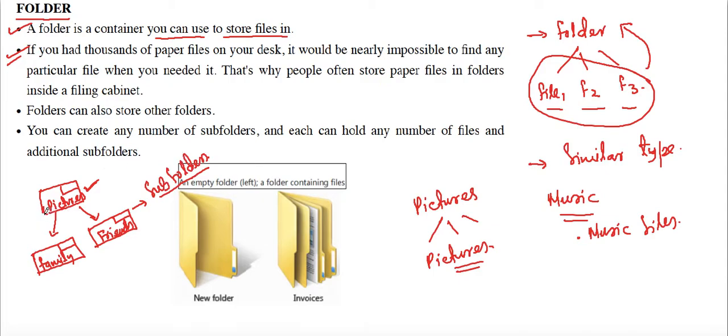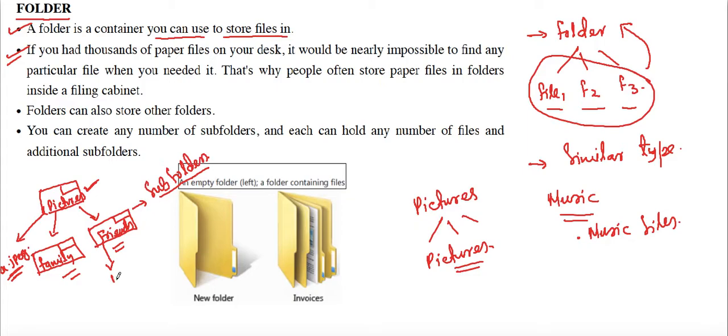The pictures folder can also contain some other files, like an image a.jpg. So a folder can contain files plus other folders, and these folders are called subfolders. We can create any number of subfolders inside a folder, and each subfolder can itself contain files.